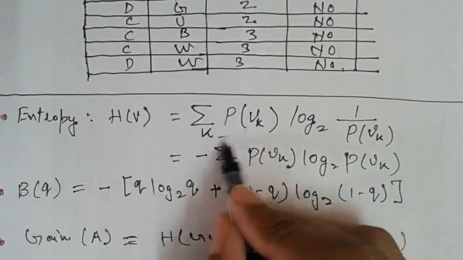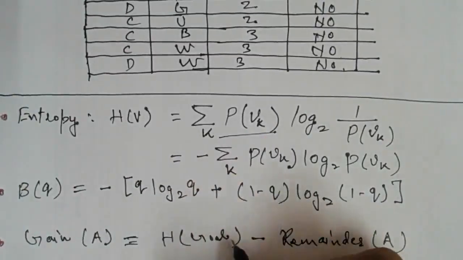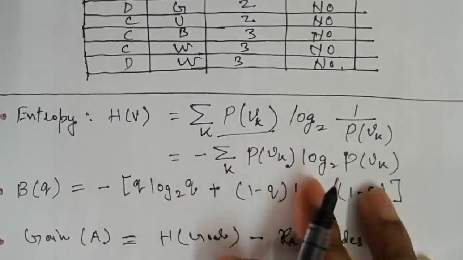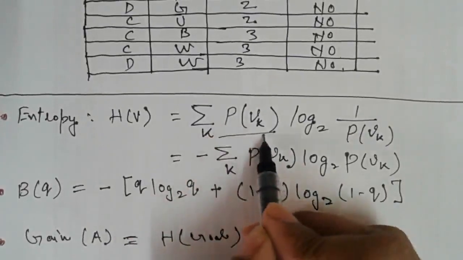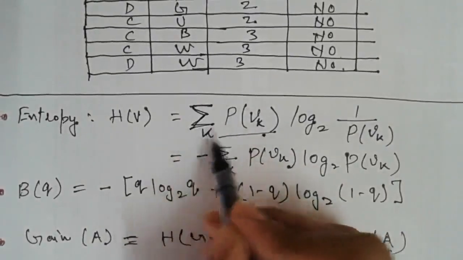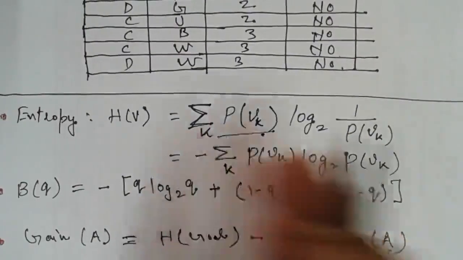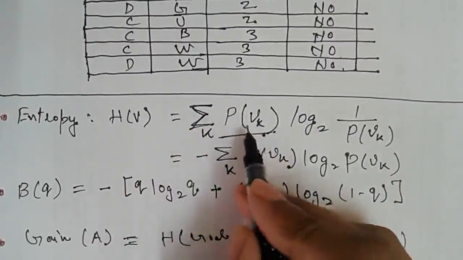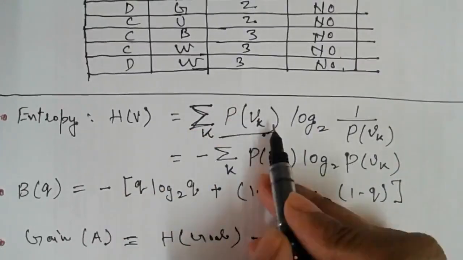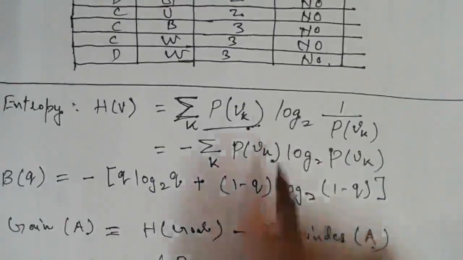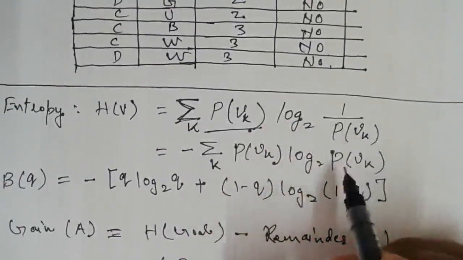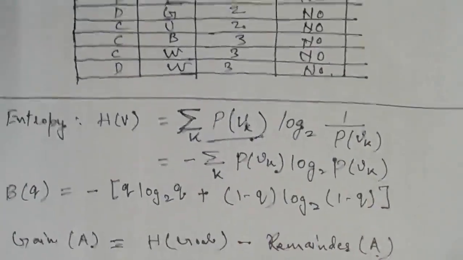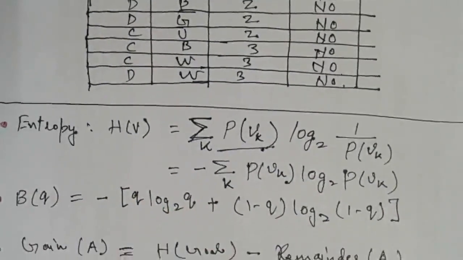It is the sum over all the values of the probability of a particular value vk times log 2 of 1 upon the probability of the same value. This is the formula of entropy, if you recall the lecture.